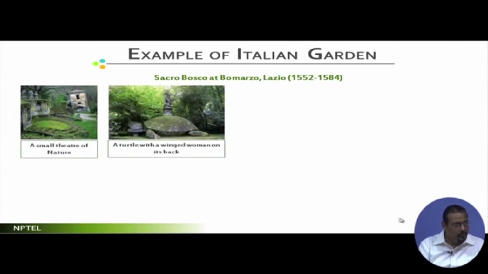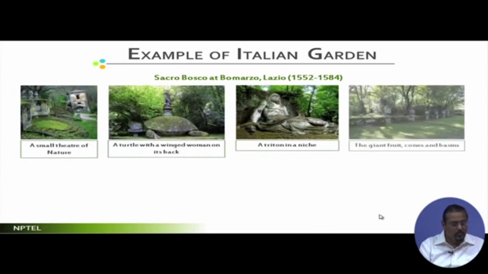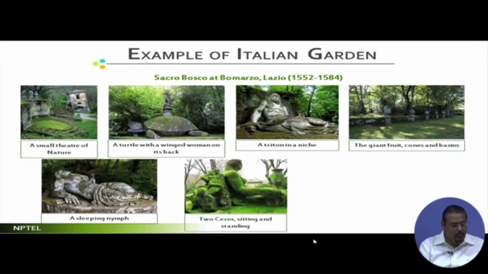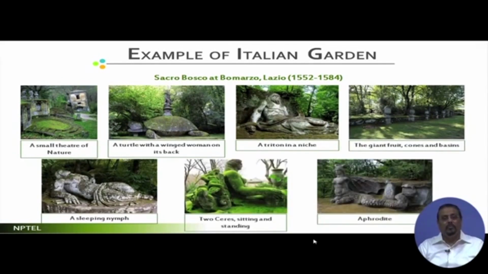Some more. I am just holding these slides for a few more seconds so that you can see this. Small theatre of nature, turtleback.